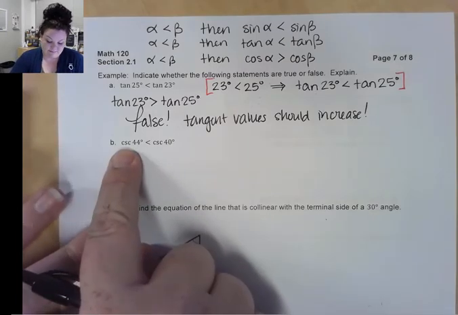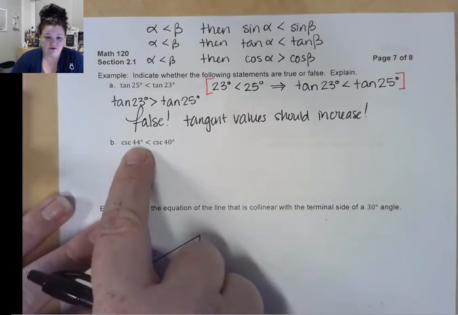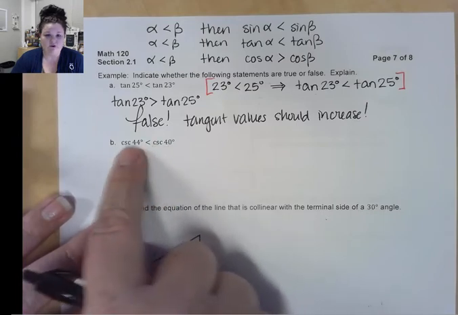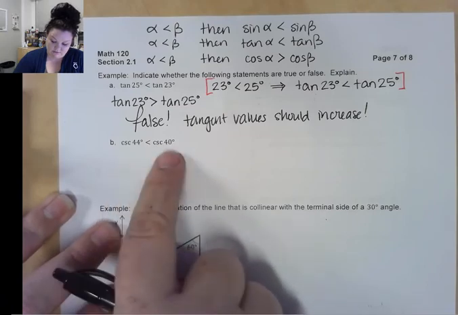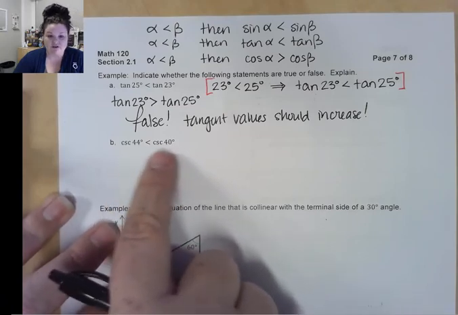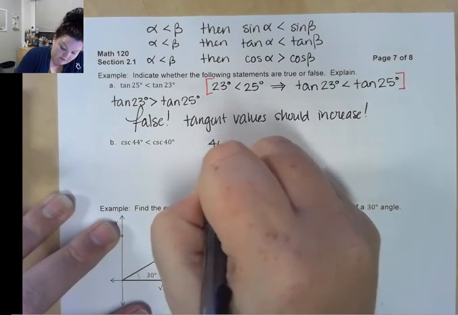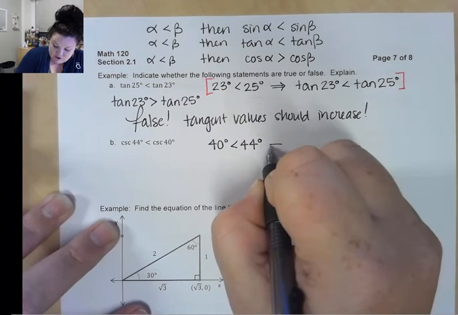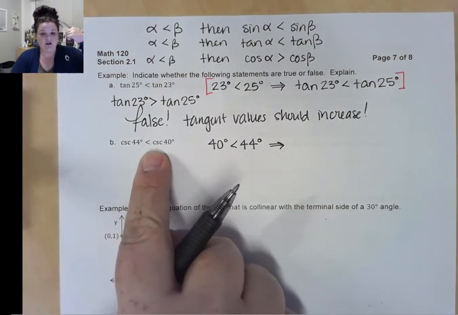This one says cosecant of 44 degrees is less than cosecant 40 degrees. So I'm just going to ignore that, and I'm going to write what I should know about cosecant. First of all, the degree measures I'm dealing with are 40 degrees and 44. So I know that 40 degrees is less than 44 degrees should imply something about cosecant. Now let's think about cosecant.